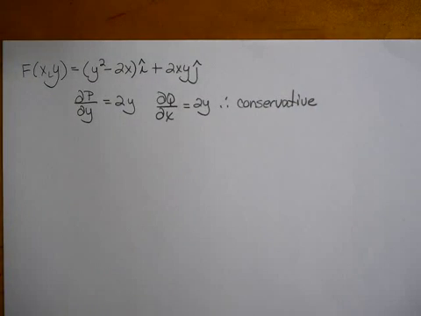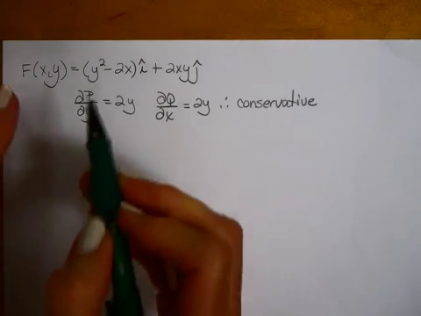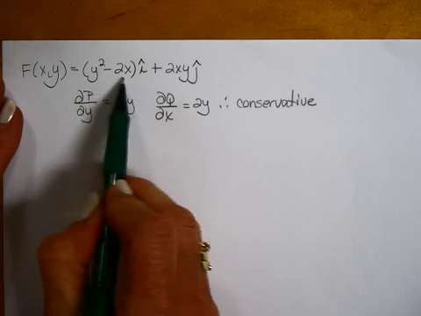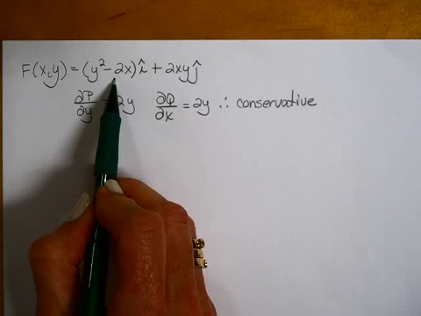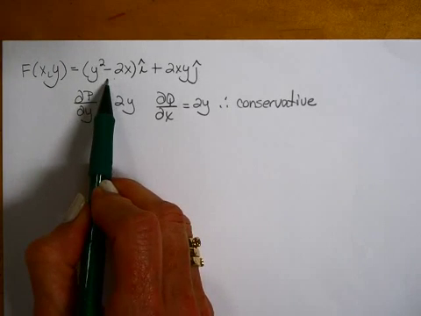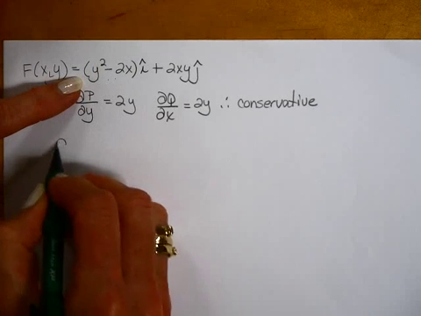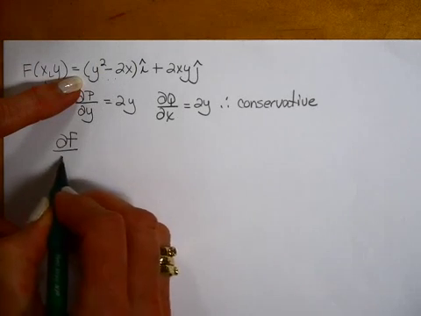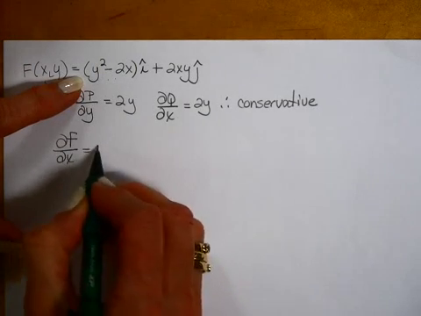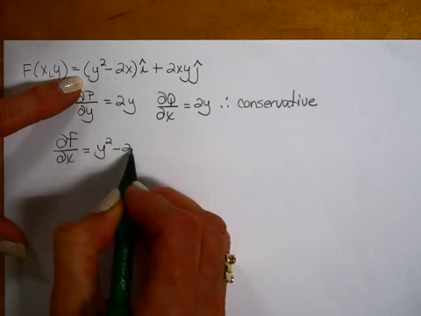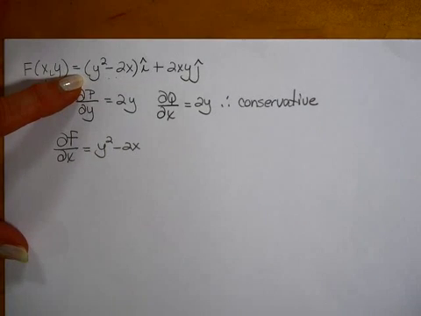So now, if I were going to use this in an integral, I would have to go back and find my potential function. All right, this is where we're going back to DE. By definition, this has to be the derivative of a function with respect to x. So the partial of a function with respect to x is equal to y squared minus 2x.